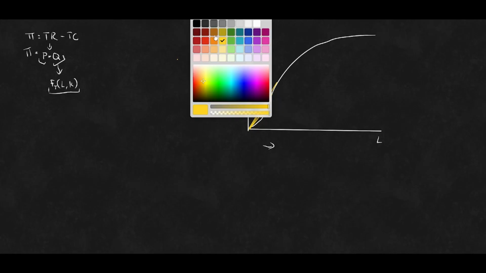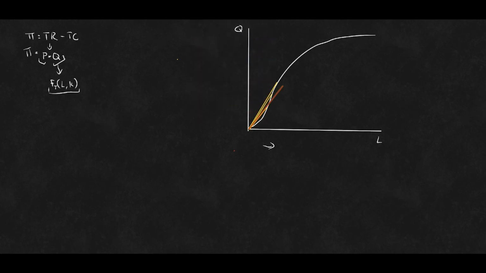But then we hit this inflection point, and at that inflection point, our output per worker, that's our average product of labor, starts to decrease, get smaller, smaller, and smaller.